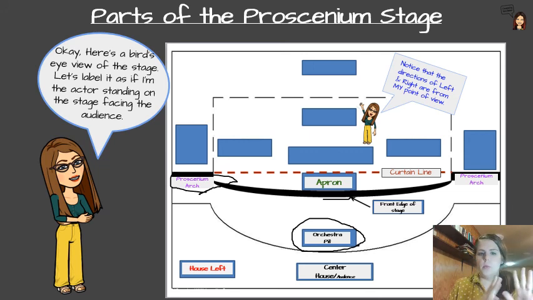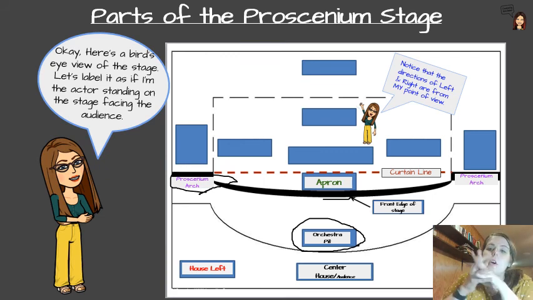So we've got everything from the perspective of the audience. Now let's talk about the perspective of the actors. Remember, I said that it is completely opposite from an audience member's perspective.